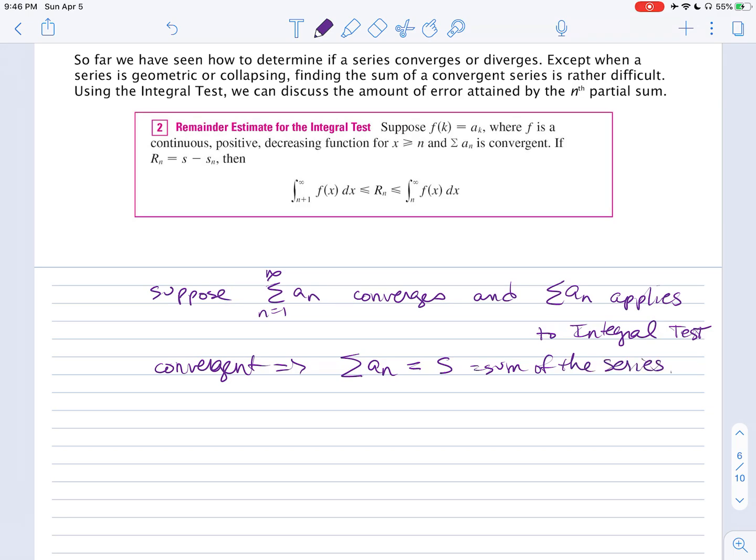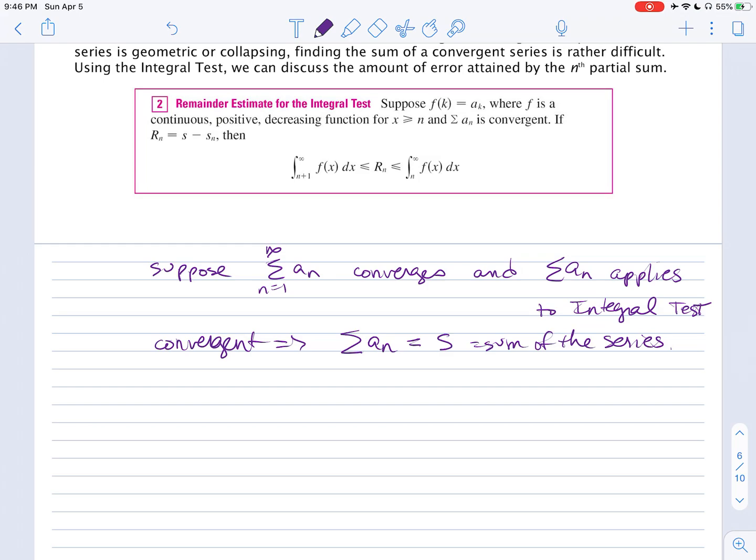It's going to add up to a finite number. Well, a partial sum is the sum of the first n terms. And so that's going to equal a1 plus a2 plus a3 plus dot dot dot plus a sub n.